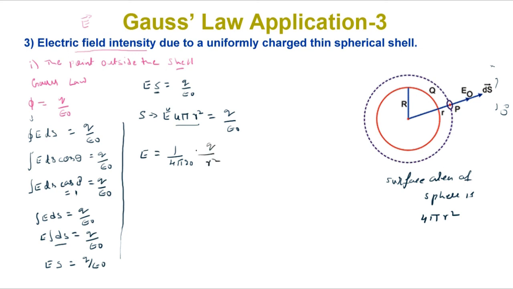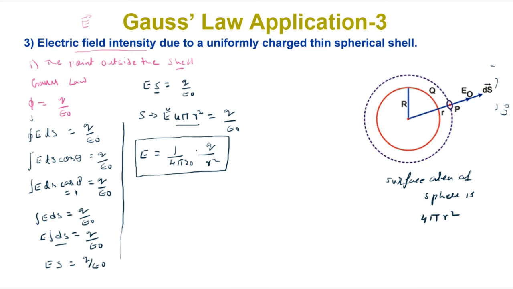This is the formula to identify the electric field intensity at a point outside the sphere. Are you clear? This is the first target.